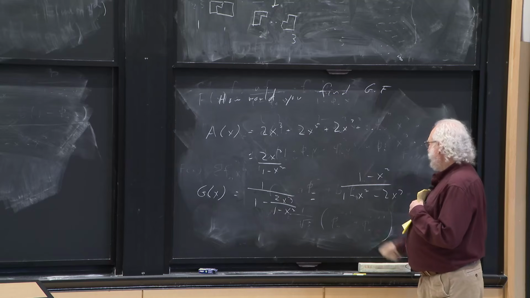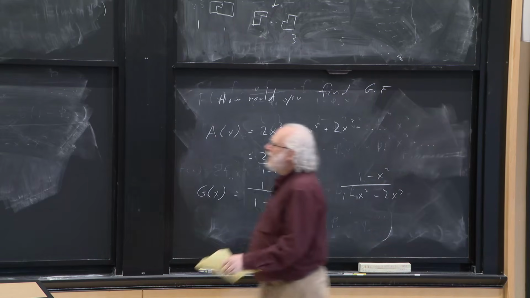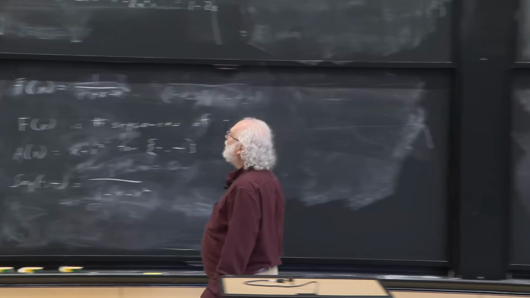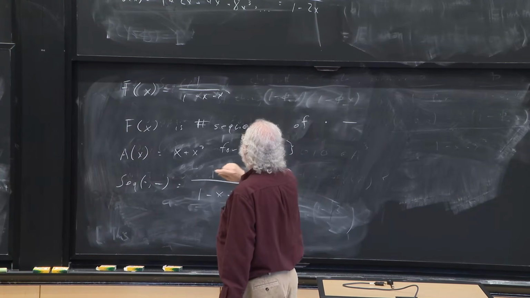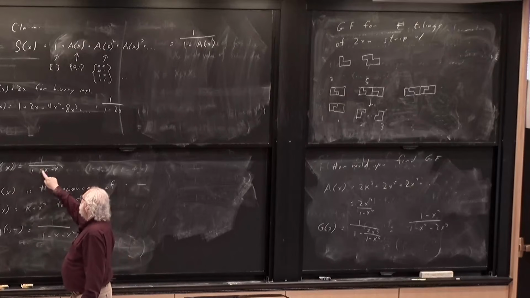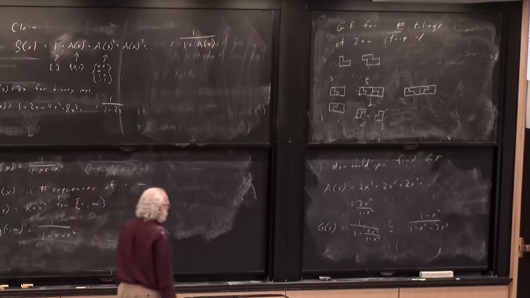But, you know, if we had the recurrence Fn equals Fn minus 1 plus Fn minus 2, that came out to 1 minus x squared.